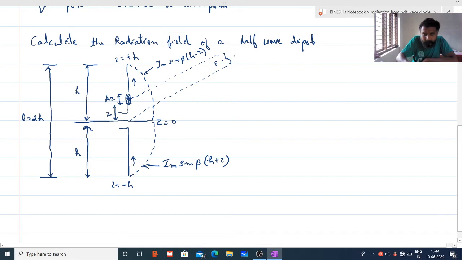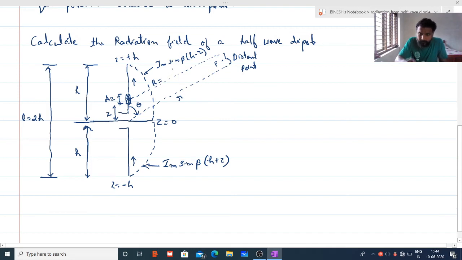This is a distant point. I call this distance R, and in some books it is indicated as R or capital S. This I calculate as the normal over R, the radial distance R. This angle is called theta.